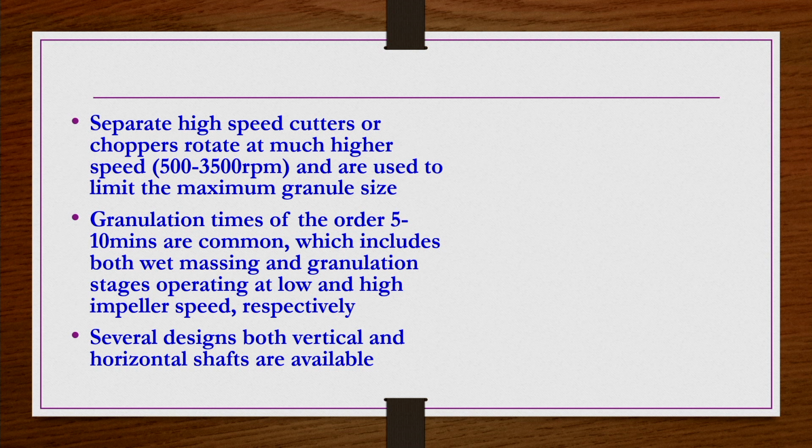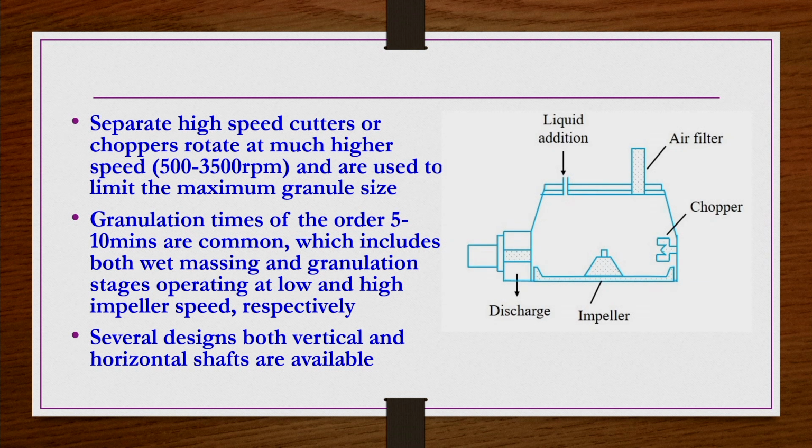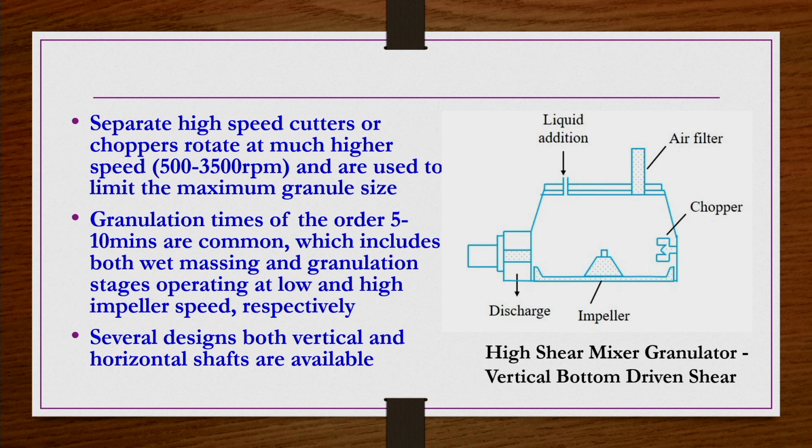In the previous figure we saw a horizontal high shear mixer. Now we take a vertical, bottom driven, high shear mixer granulator. Here we have a container to which the liquid is added, and then there is an air filter.